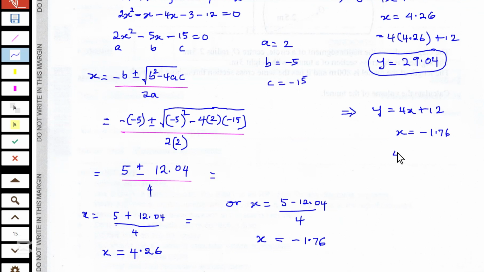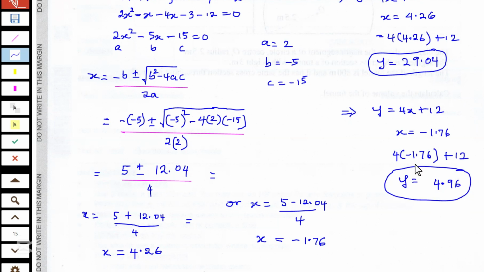So this becomes 4 times negative 1.76 plus 12. After using your calculator, the value of y will be equal to 4.96. So we've got two values of y and also two values of x.